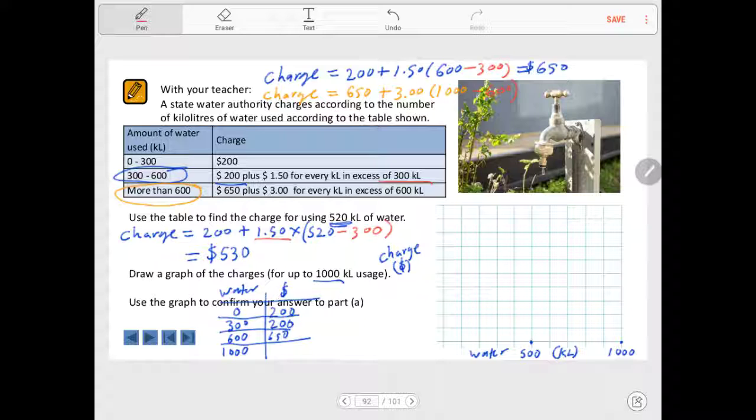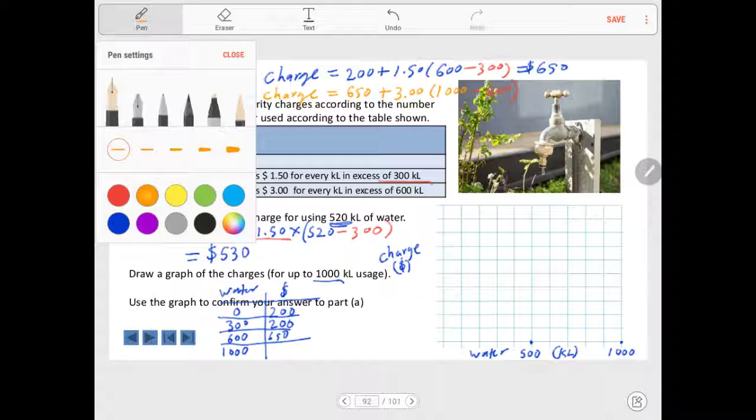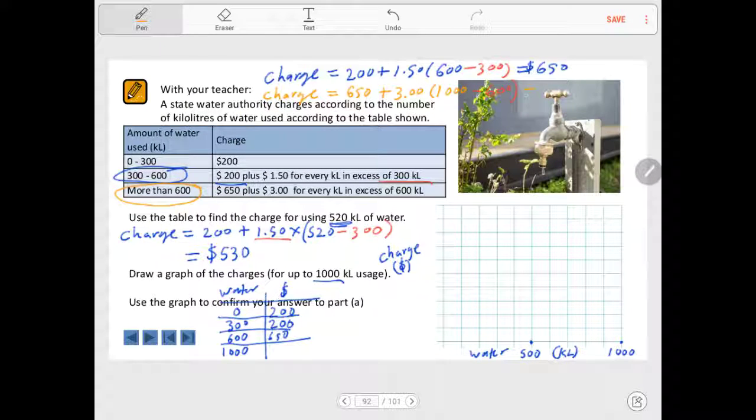So if we put that in the calculator, we get 1,850. So we're going to need to cover at least that much on the charge axis. So I think that if we go up in 200 lots, 200, 400, 600, 800, 1,000, and then 200, 400, 600, 800, 2,000, that will cover it.